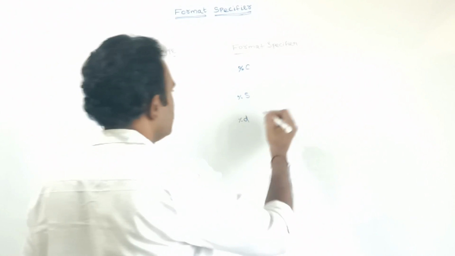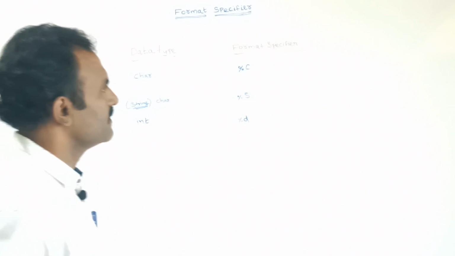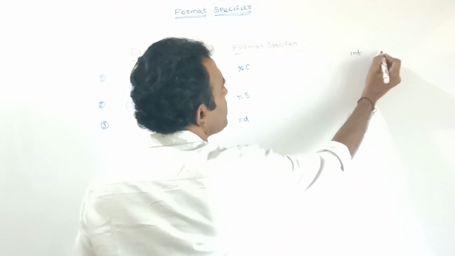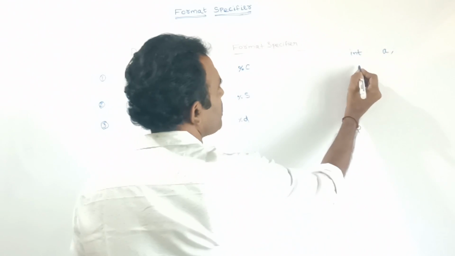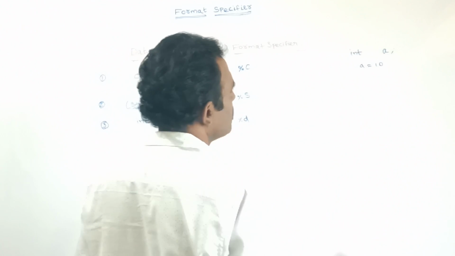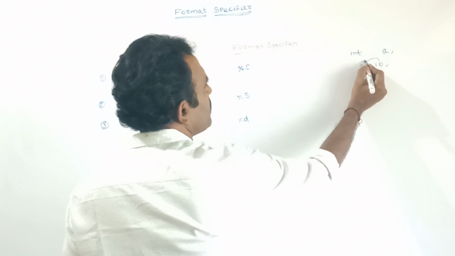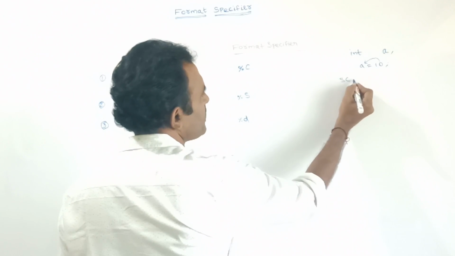Here if I need to store some integer value in a variable, we can declare the variable as integer. Let us take it as a. Here a is equal to 10. I am storing the value using the assignment operator, or with the help of the scanf function also we can store.